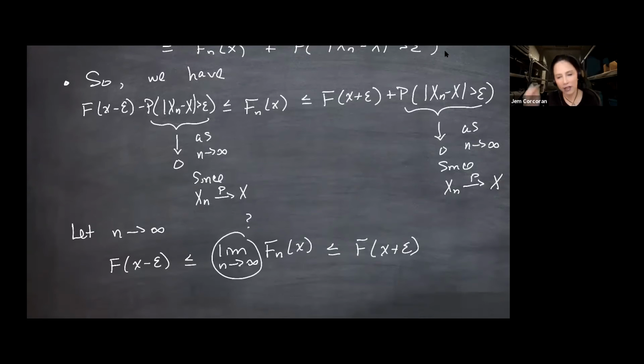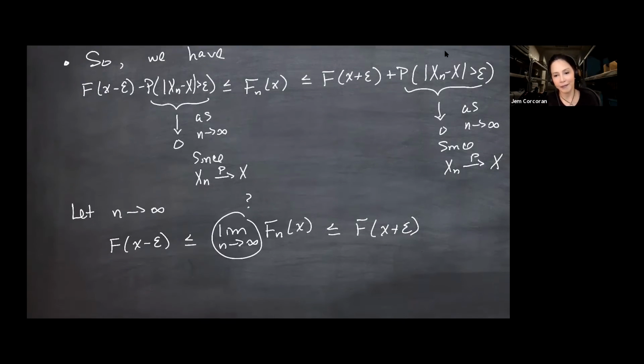I don't know that this limit exists. All the f_n's, for all n, are bouncing between these two numbers. That doesn't tell me that this actually has a limit. So I really should do it with a lim inf and a lim sup, but I don't really want to go there. So the question mark means that circled limit may not exist.